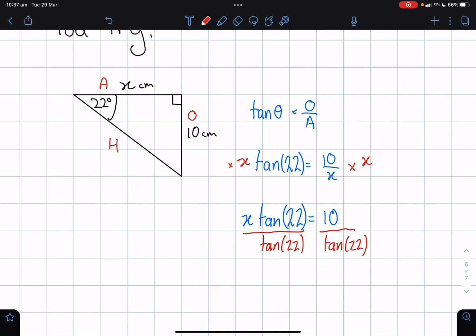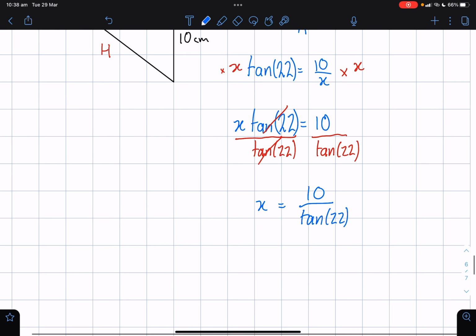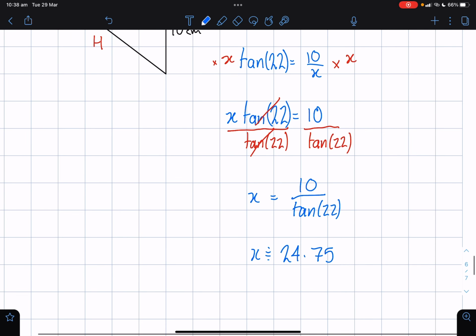So they cancel out to be 1, and we're left with x equals 10 divided by tan of 22. If you jump onto your calculator, 10 divided by tan of 22, x is approximately equal to 24.75, and our units are centimeters.